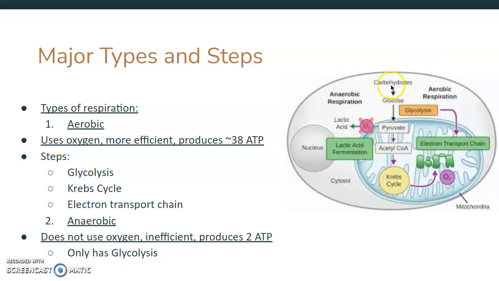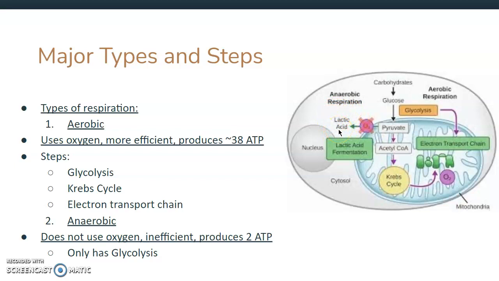This shows a good example of how the processes work. We start with our carbohydrates or our glucose, and it can get converted into pyruvate and continue to the Krebs cycle, and then the electron transport chain like our aerobic respiration does. Or, if we don't have oxygen, it gets converted into what's called lactic acid.